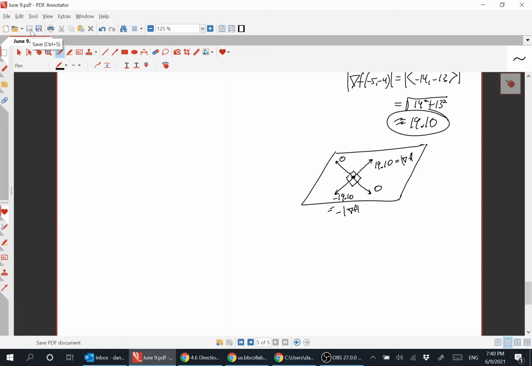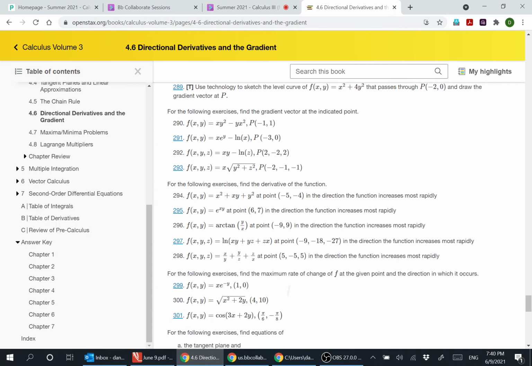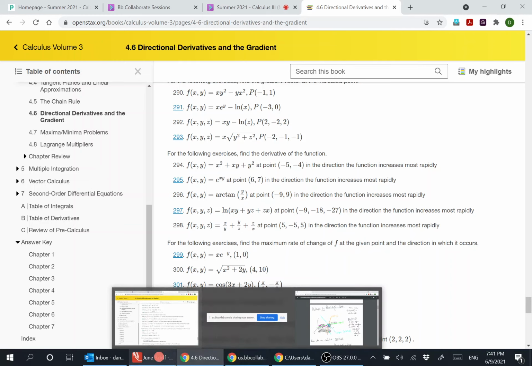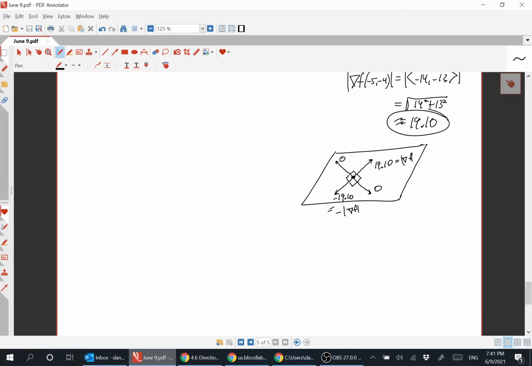So next, that was 294. 296, same thing, right? Arc tangent y over x is your function. So at the point negative 9, 9, find the directional derivative in the direction the function increases most rapidly. Again, it's just the length of the gradient. So arctan y over x, let's give that one a go.